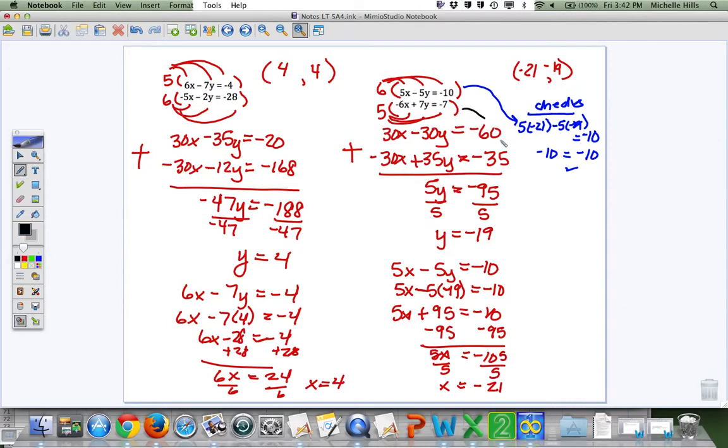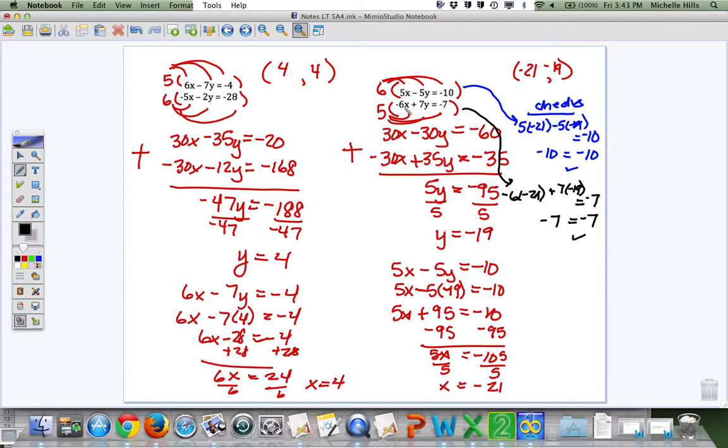For this equation for the check, negative 6 times negative 21, plus 7 times negative 19, again, I'm getting those values from my ordered pair, from my x and y, does that equal negative 7? Take your calculator, negative 6 times negative 21 plus 7 times negative 19 equals, you get negative 7, it equals the negative 7 on the other side, so it checks.